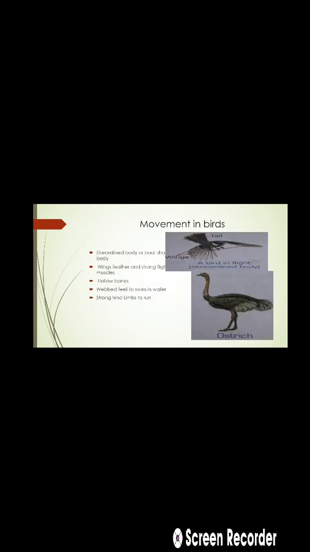Movement in birds. Birds that fly have well-developed wings, feathers and strong flight muscles. There are some features which help a bird to fly. Those are a streamlined or boat-shaped body.